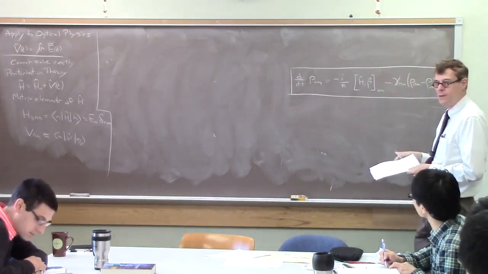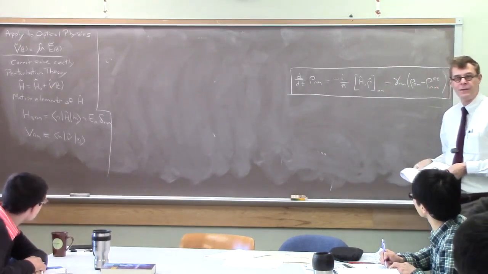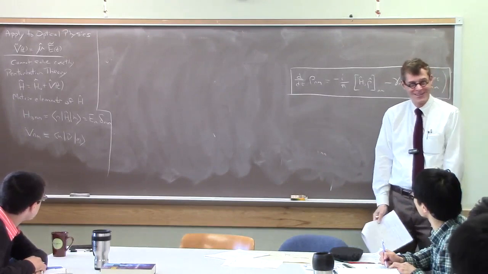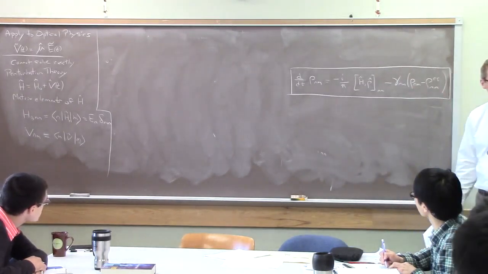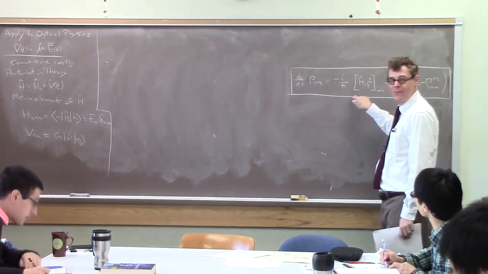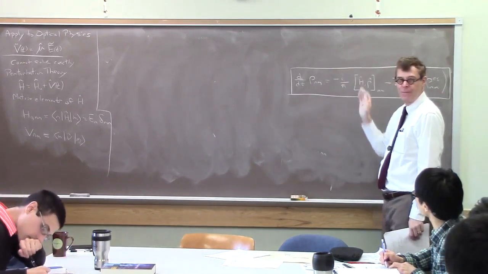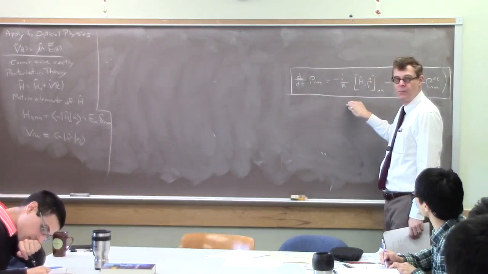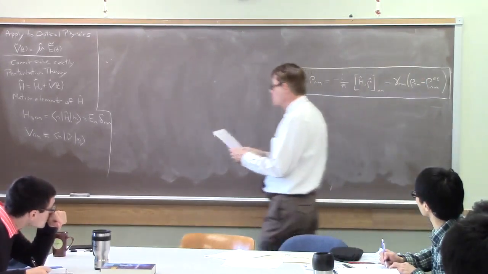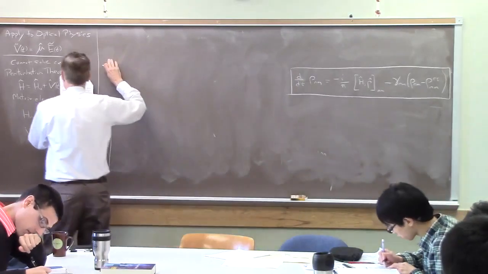But let's say that, through terrible misfortune, you lost your lecture notes and you lost your copy of my book, and all you know is this. So we have to expand this commutator to find out what the more explicit form is of the equation of motion. So, let's see how to do that.